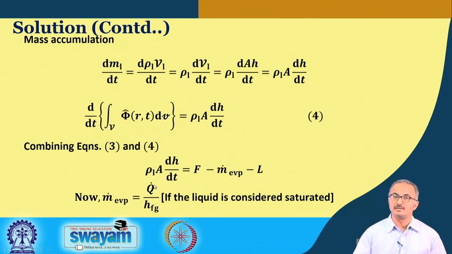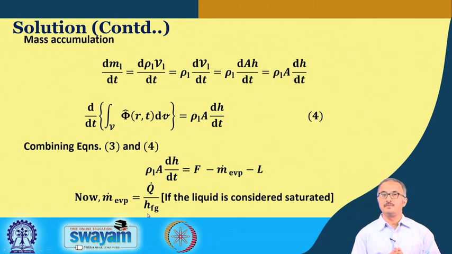In this we have the amount of heat liberated by the steam divided by the enthalpy of vaporization of the liquid. This way we are able to simplify this expression.